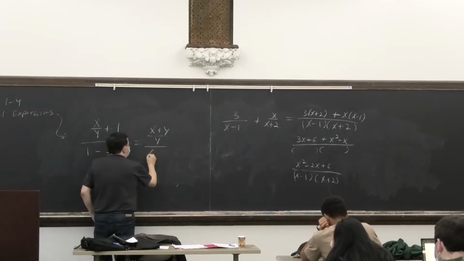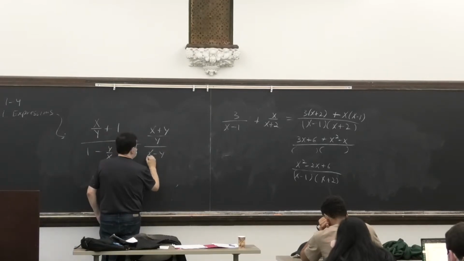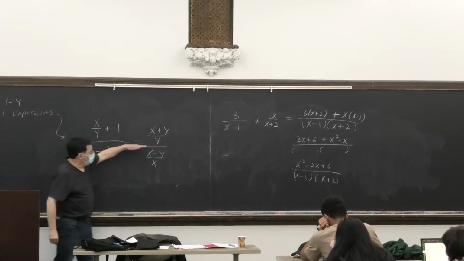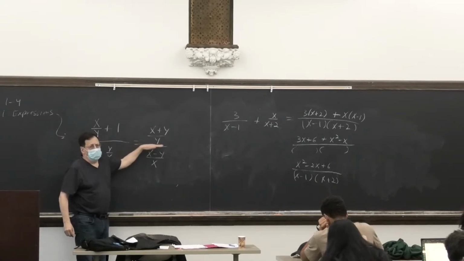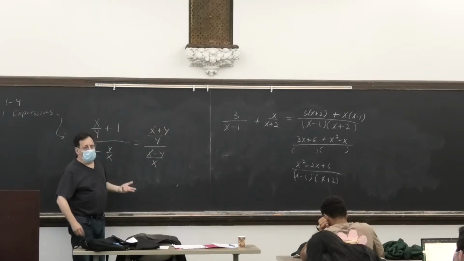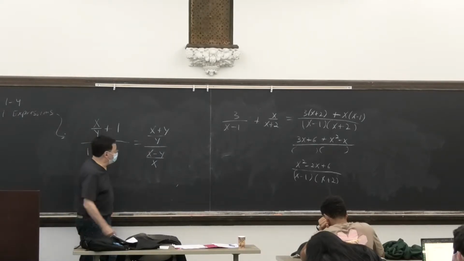Here we have x minus y over x. But of course, here we have a division, dividing two fractions by each other. And of course, dividing fractions, you just multiply by the reciprocal.